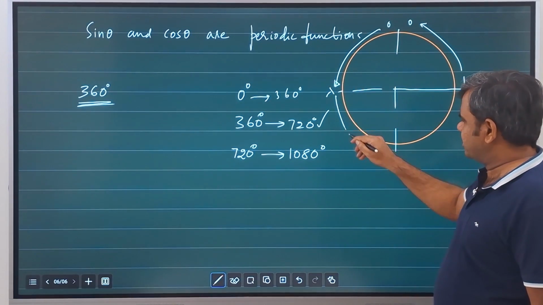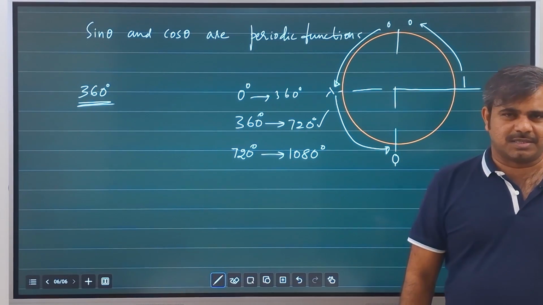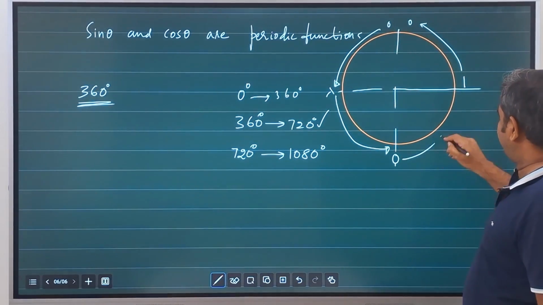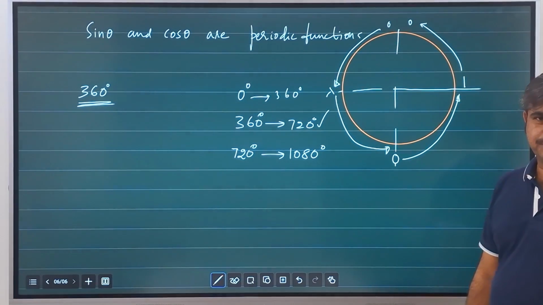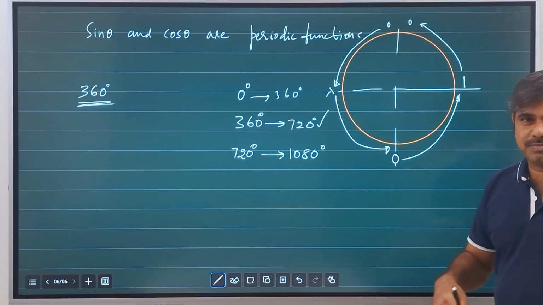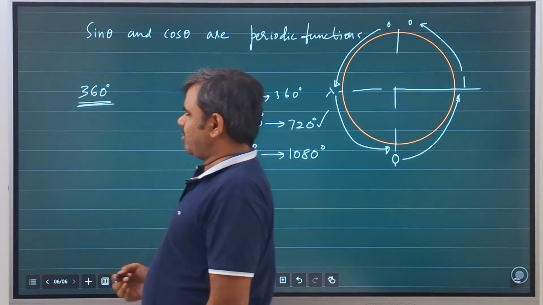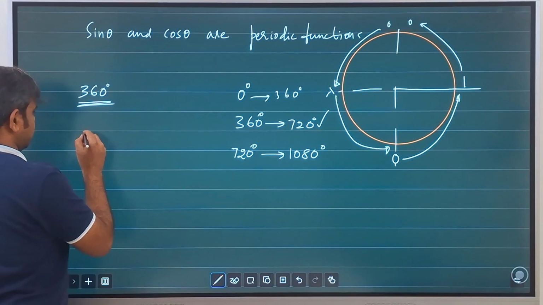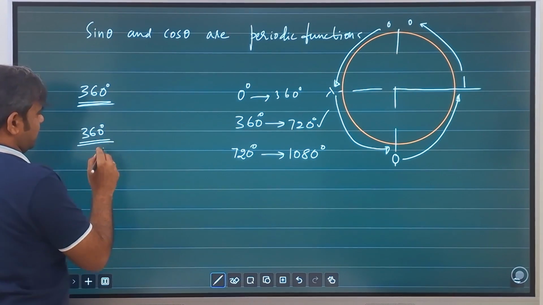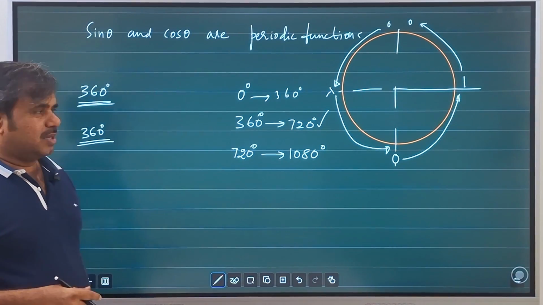As theta increases from 180 degrees to 270 degrees, cos theta value increases from -1 to 0. And from 0 to 1. So after 360 degrees, the pattern repeats. So the period of cosine function is also 360 degrees, because after every 360 degrees it keeps repeating itself.